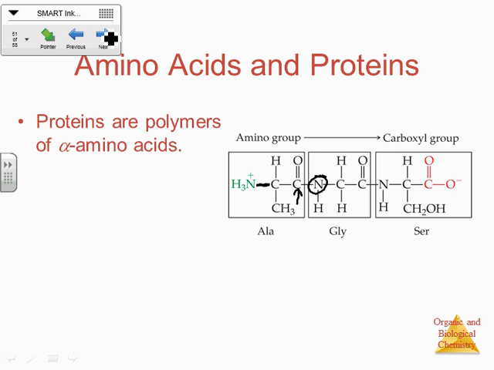And then you've got another amide there. And then you've got your carboxylic acid on the end. And this one has already given away its hydrogen, but there was a hydrogen there. So that's the idea with these amino acids. It's a combination of an amide and an amine and a carboxyl group, or a carboxylic acid.